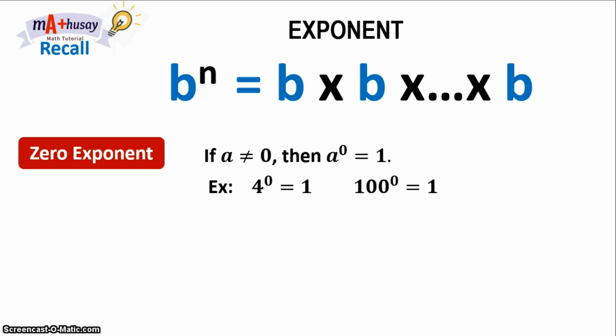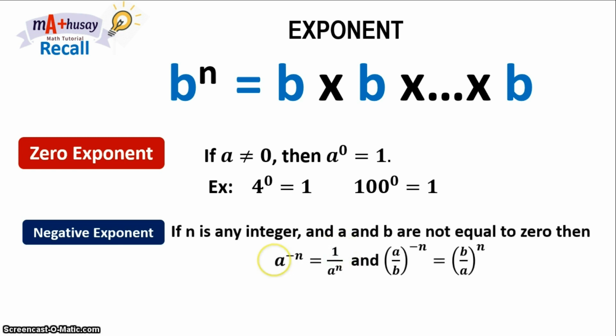Now, how about if we have negative exponent? So, this is just a recall of your grade 9 lesson. So, if n is any integer and a and b are not equal to 0, then a raised to negative n, so ibig sabihin yung base natin ay may negative na exponent, this is just equal to the reciprocal of that given expression.